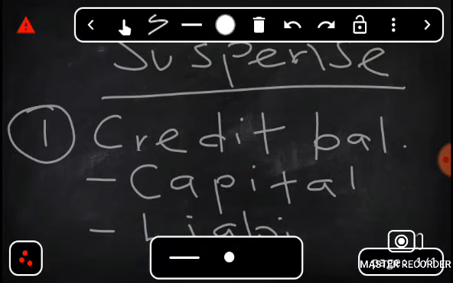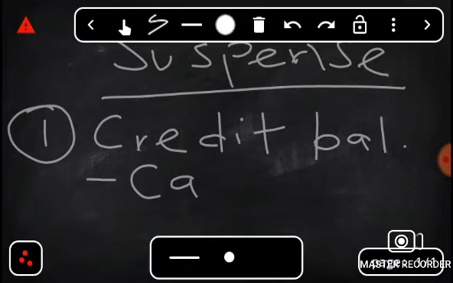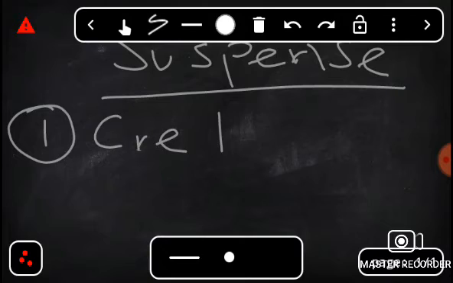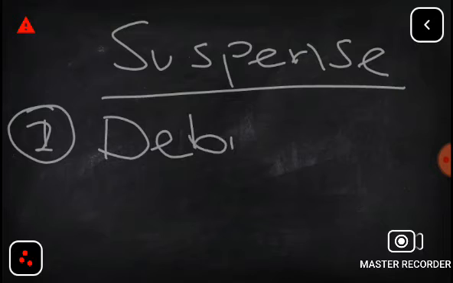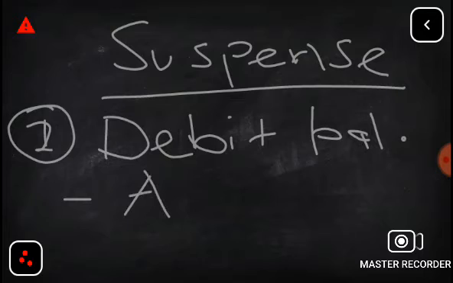What if this balance is a debit balance? Where should we take it? If at all our balance is a debit balance, this is two. If our balance is a debit balance, then there's always one thing that we must do, and that is to take this amount on the asset side.